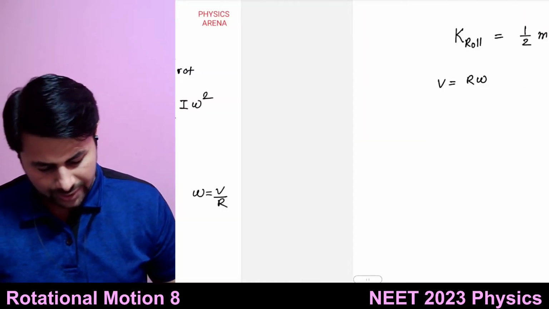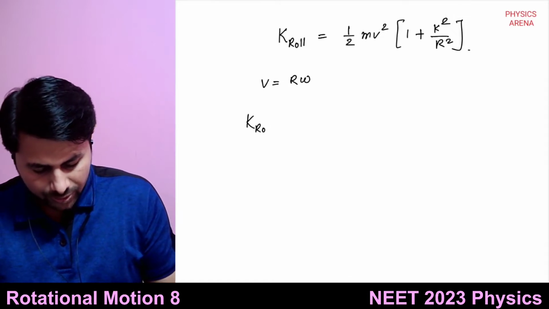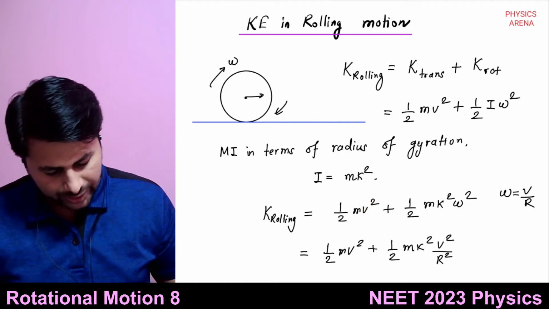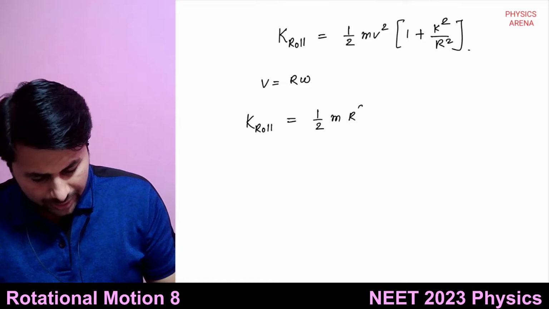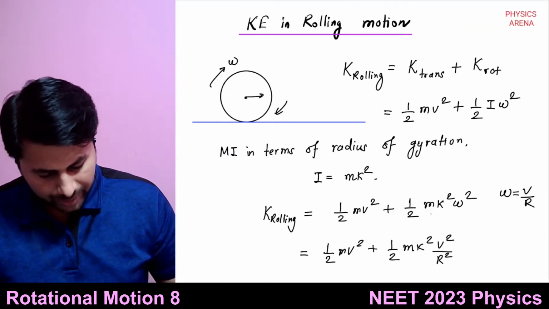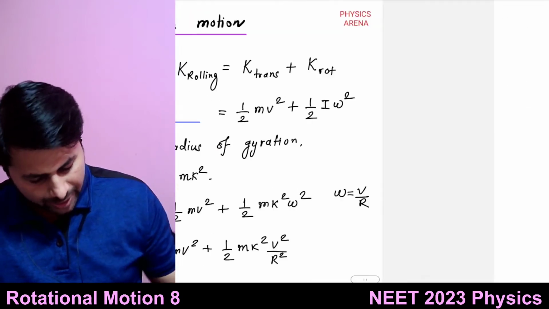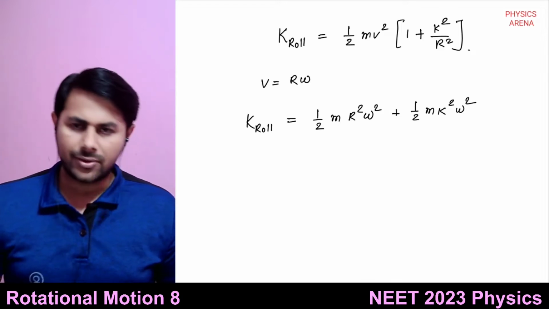So the kinetic energy of rolling motion with v equals r omega is half of m r square omega square plus half of m k square omega square.